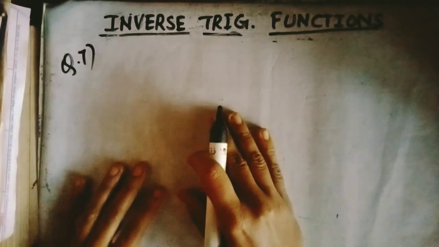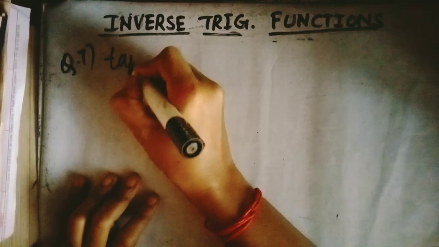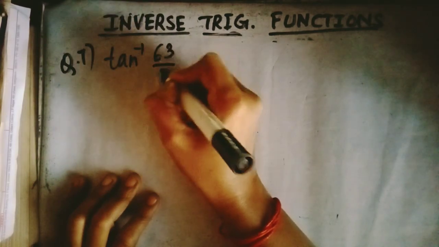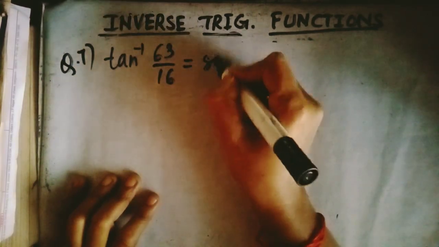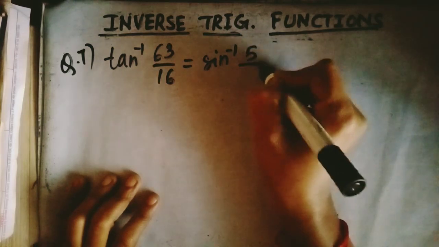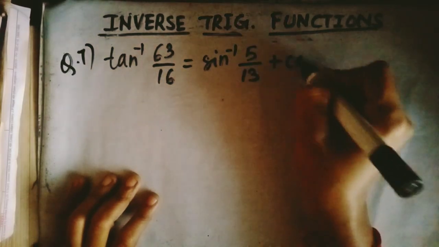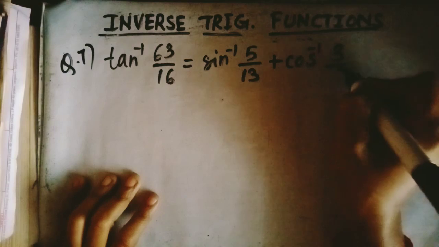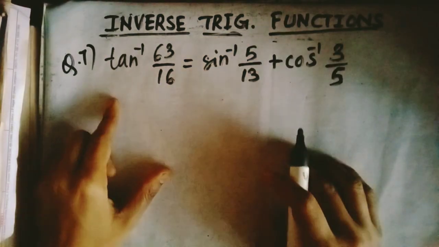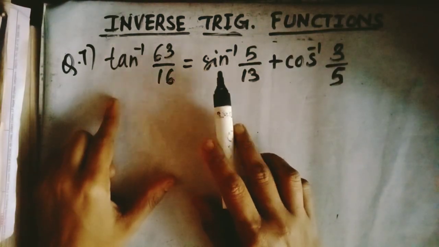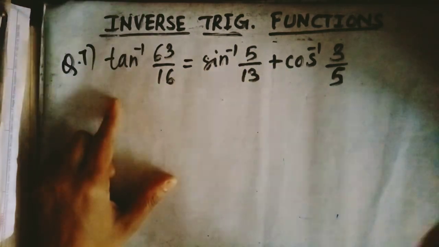Let's solve question 7. Tan inverse 63 upon 16 is equal to sine inverse 5 upon 13 plus cos inverse 3 upon 5. I will first change the sine inverse and cos inverse into tan inverse.